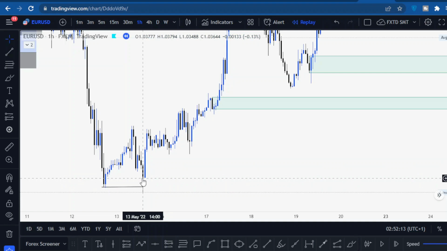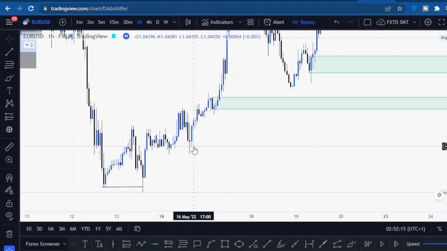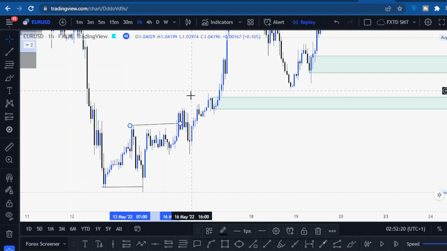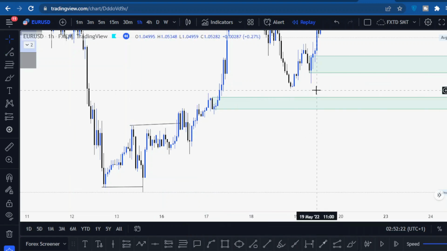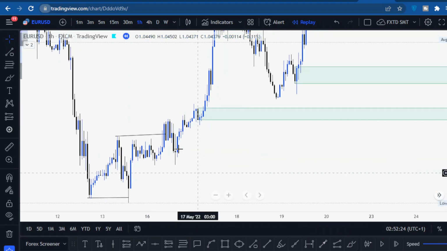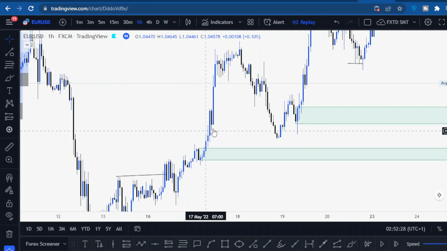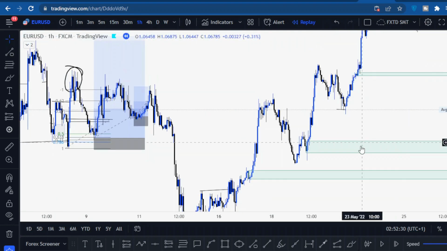We see the first mitigation here, another one here, but the good thing is all of these mitigations broke market structure to the upside. All right, so this is exactly how you can use this indicator to your own advantage.